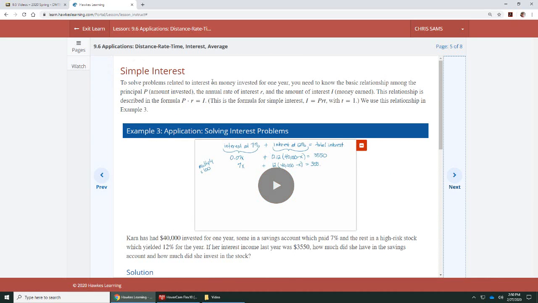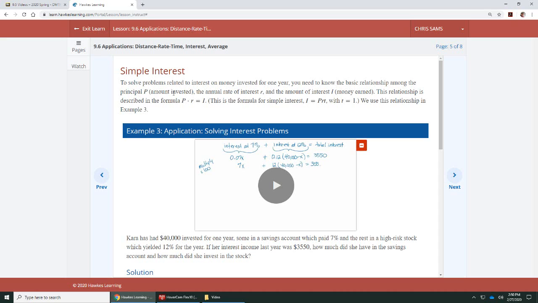And then we have here the simple interest formula. So this formula here, P times R times T, I equals PRT. Here's the whole formula right here. And up here, before they give you the formula, they explain what those variables mean.